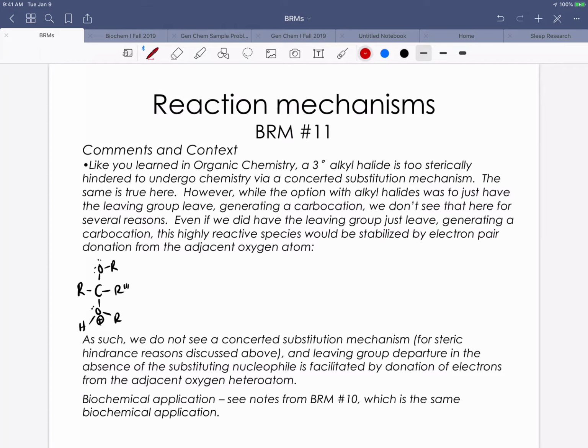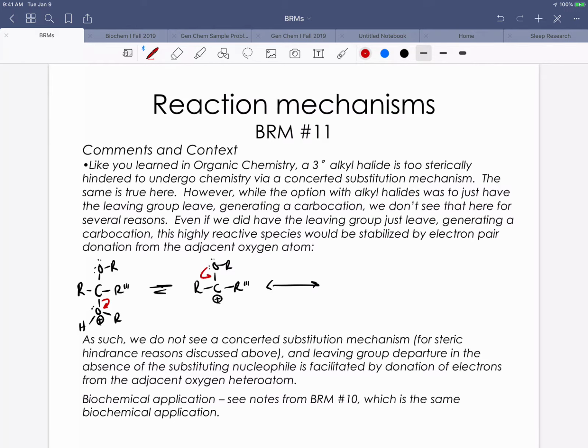Sometimes students, having SN1 and SN2-like mechanisms in their brain, will think, okay, sterically hindered carbon atom, I'm just going to have my leaving group leave and generate a carbocation intermediate. I'm grateful that I really haven't seen too many carbocation intermediates at this point. But keep in mind that this carbocation intermediate, having an incomplete octet and a positive charge on that carbon atom, is very unstable.